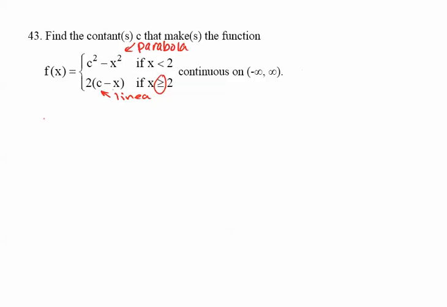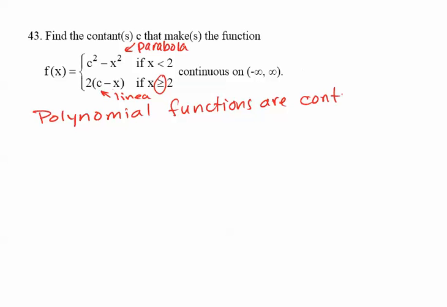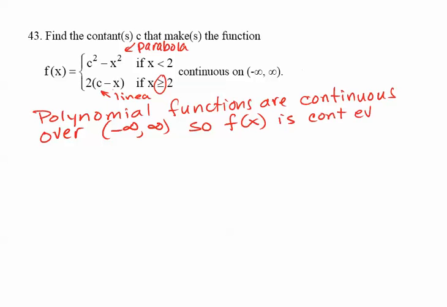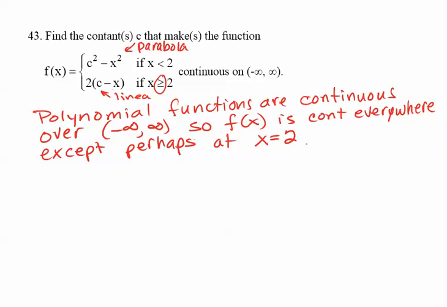So we know polynomial functions are continuous over all real numbers. So this piecewise defined function is continuous everywhere except perhaps at x equals 2. So we need it to pick up where it left off.